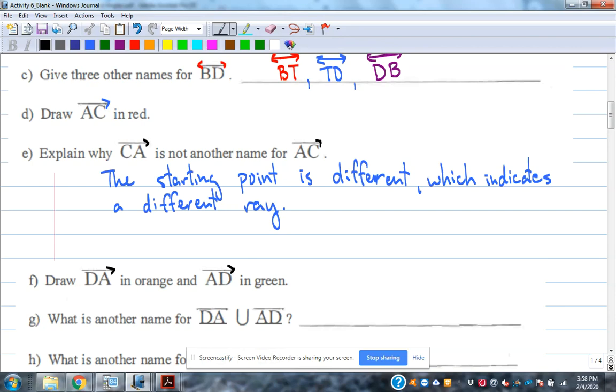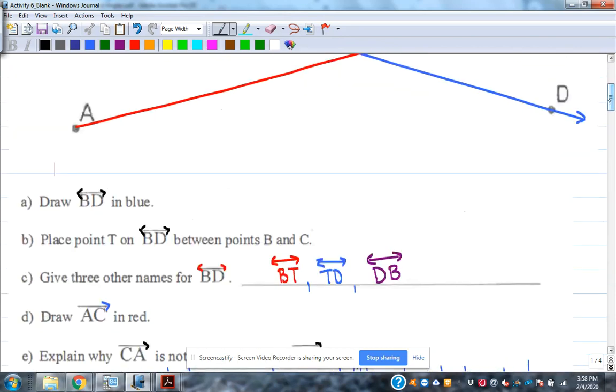So I'm going to go up here to my picture, and in orange, I'm going to draw ray DA. Longer straight edge here. Didn't bring my ruler today for no apparent reason. I guess I can go in there and get one. So ray DA starts at D and goes through A with an arrow on that end. And then in green, we're going to draw ray AD.